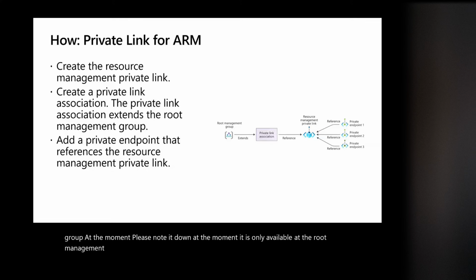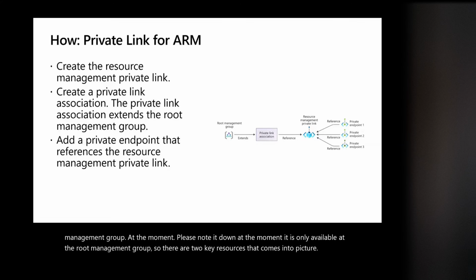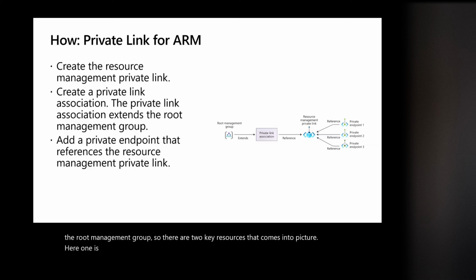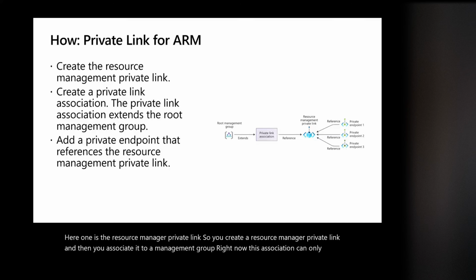So there are two key resources that come into the picture here. One is the Resource Manager private link. You create a Resource Manager private link, and then you associate it to a management group. Right now, this association can only happen with the root level management group.